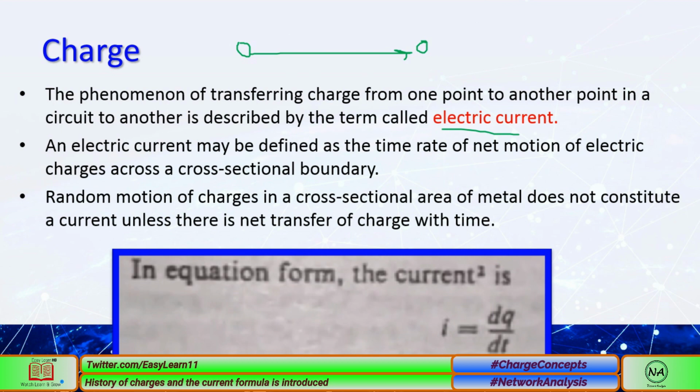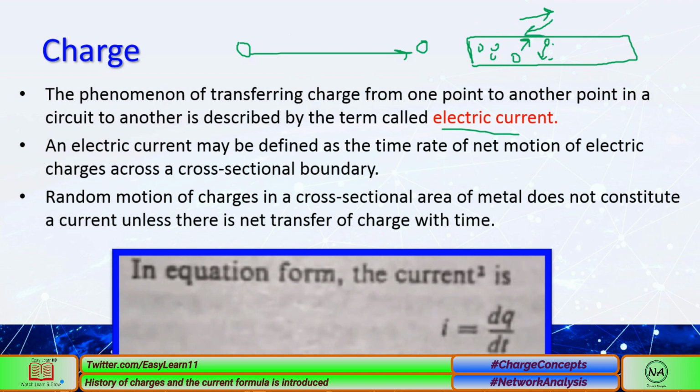But remember that one thing must be kept in mind: if this is a cross-sectional area, and some charges are flowing randomly here, this is a movement from this point to this point, but this doesn't mean that this is overall a current. The net effect of this is zero, because some electrons move toward this side in the cross-section, some randomly move the other side.